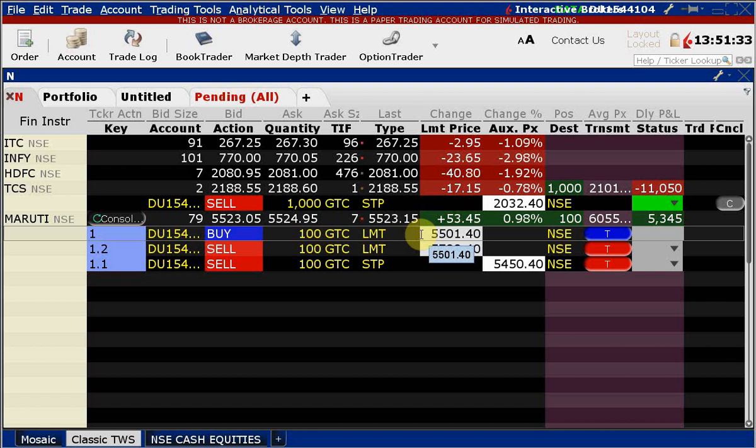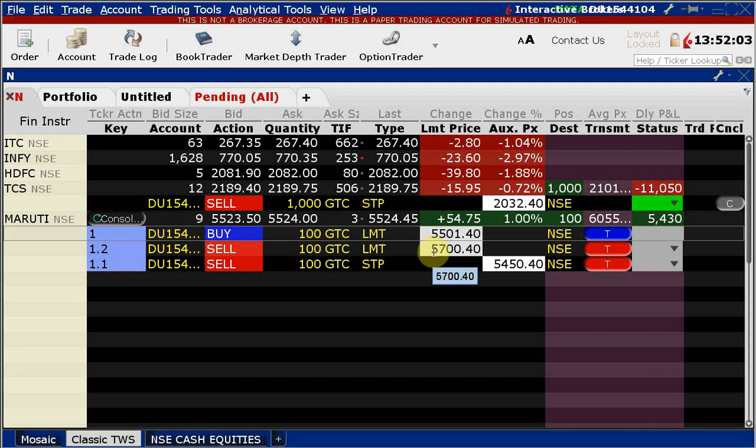What if it never comes to 5501, and goes directly from 5525 to 5700? Will it get executed or not? First answer Garvit's question. Yes or no? It will not execute. The 5700 sell order will not execute.